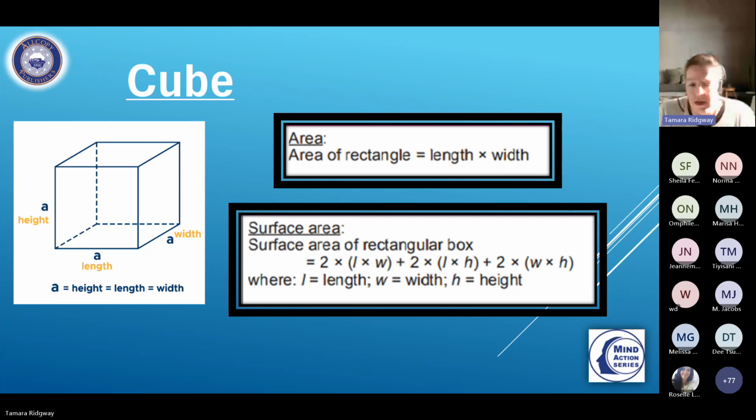We know that the area of a square is length times breadth, and then we have our surface area of a rectangular box, which if you wanted to explore this, you can show them how this formula can be simplified to 6a squared, like I said, because it is just 2 of the top and bottom, the sides left and right. But that's totally up to you.